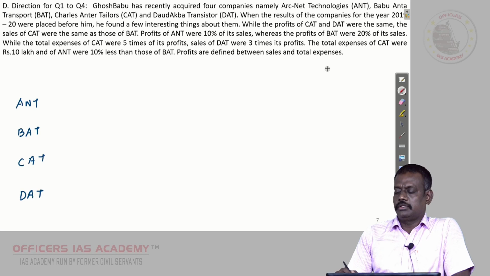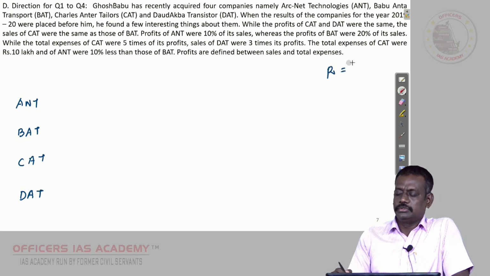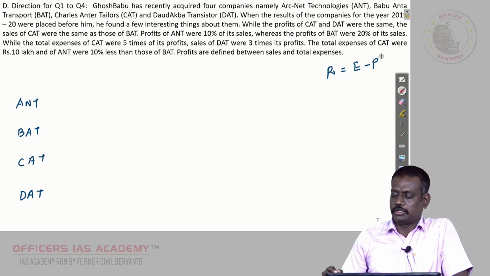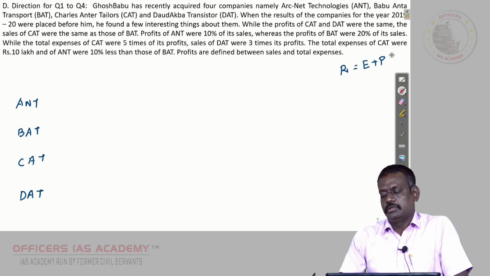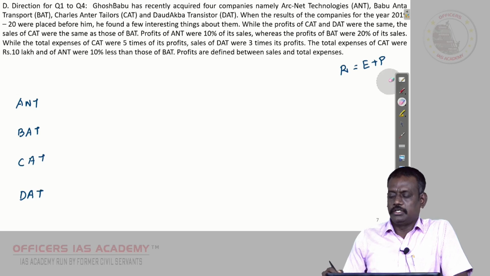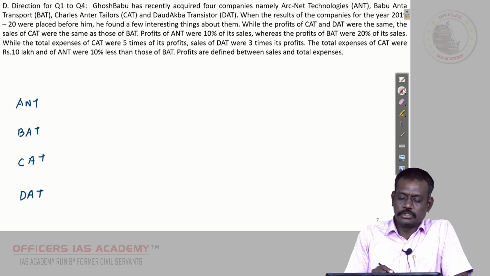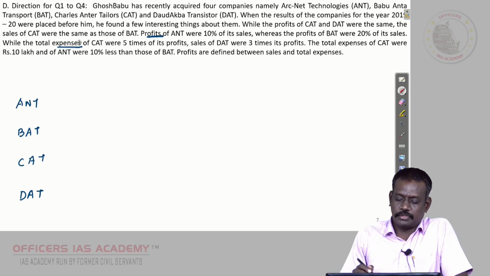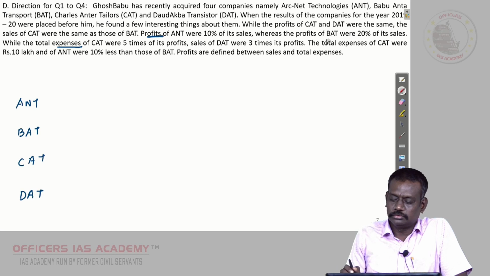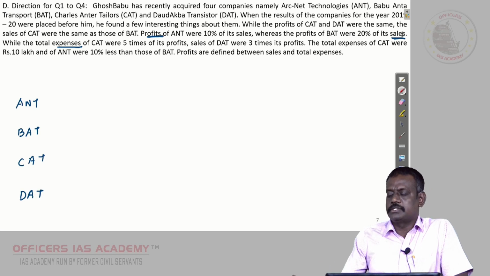So you know that the revenue is equal to expenses plus profit, isn't it? Or else profit is equal to revenue minus expenses. You can write it in any different way, because they have talked about the profit here and the expenses here and the revenue.